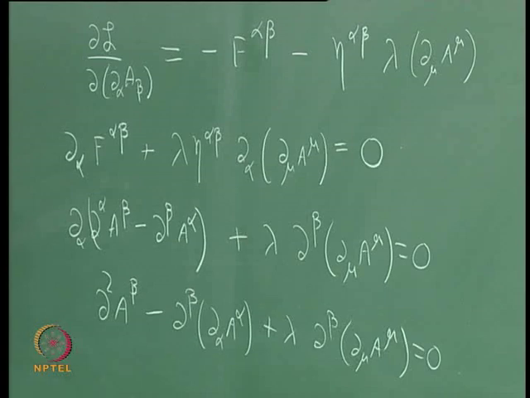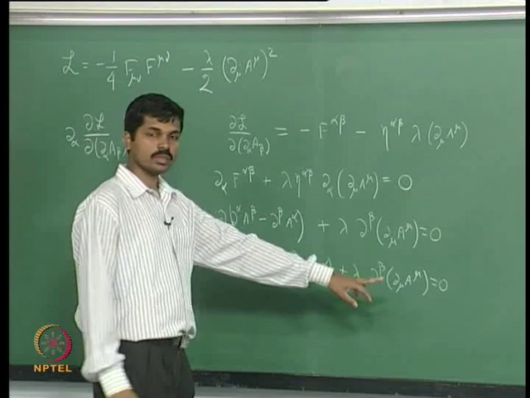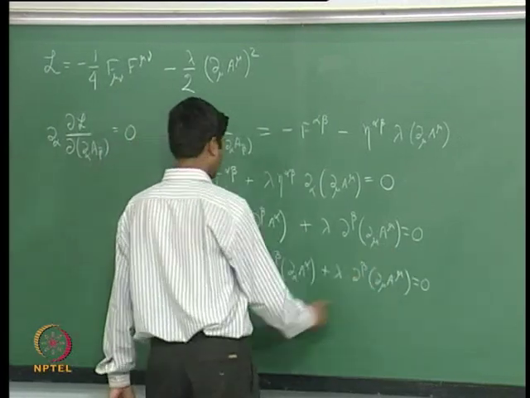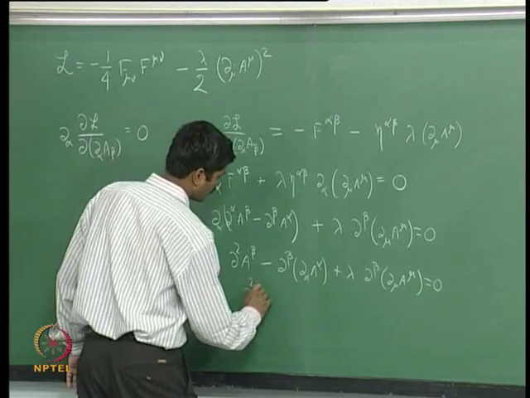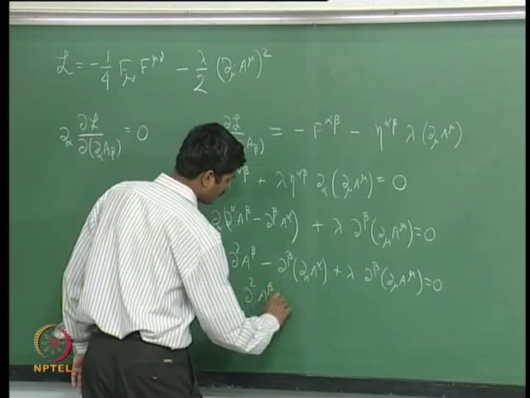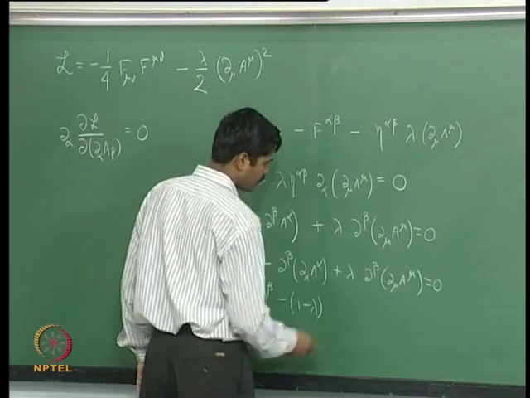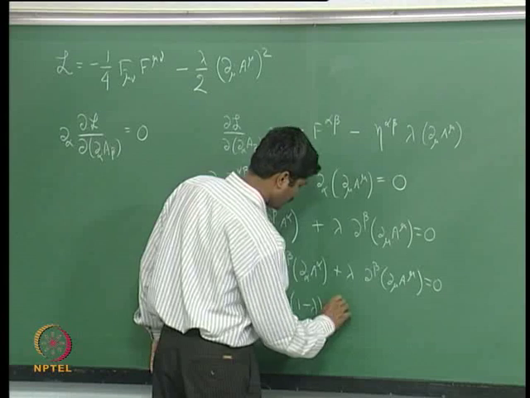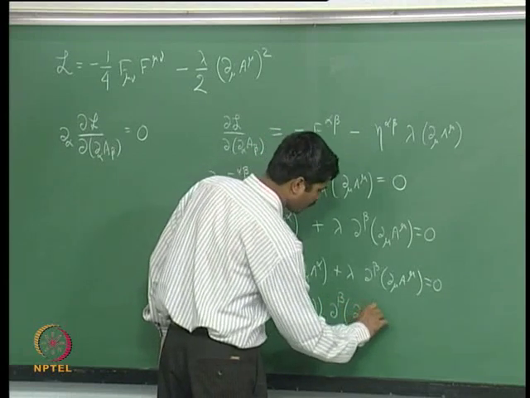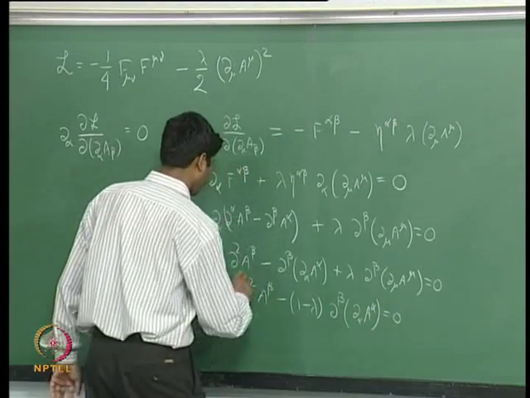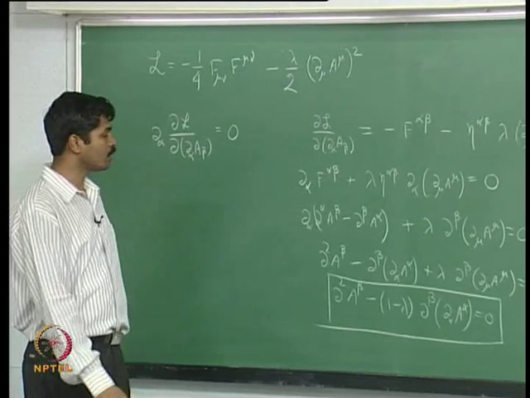Because mu is a dummy index here, I can change it to alpha. Then what I see is the equation of motion is basically del square A beta minus (1 minus lambda) times del beta del alpha A alpha equal to 0. This is the equation of motion.